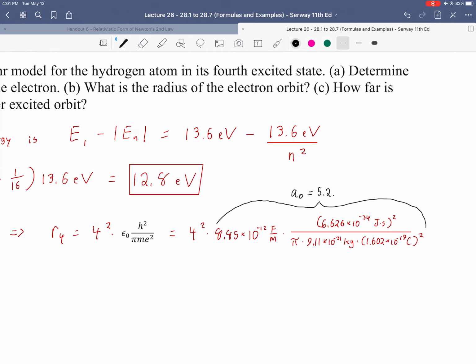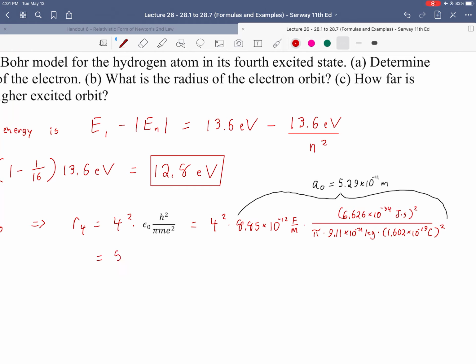There we have it. Okay. So that's our tightest radius, smallest one. And so in the fourth state, it's going to be 16 times bigger than that, and that ends up being 8.46 times 10 to the negative 10 meters. Right, so over an order of magnitude larger.